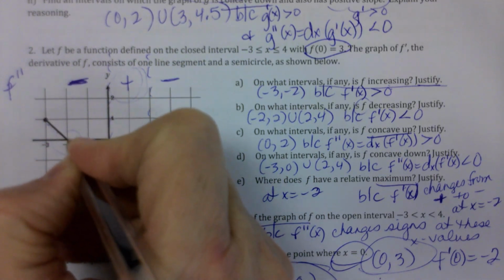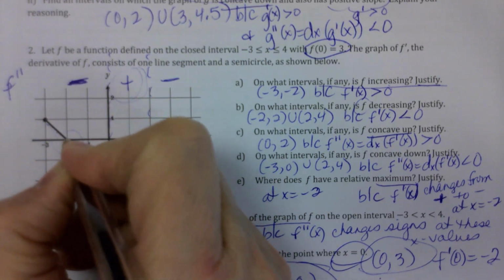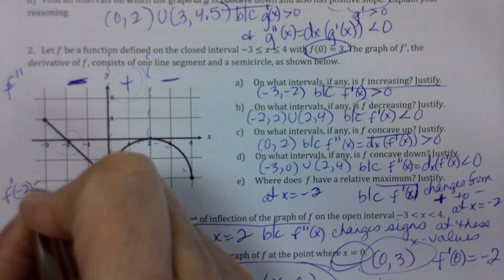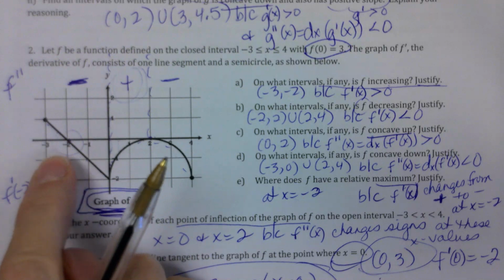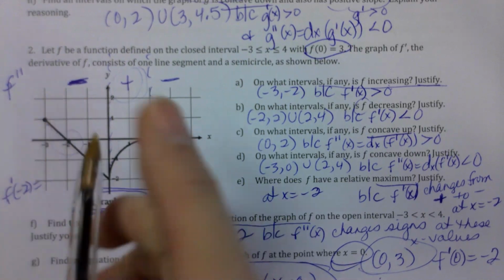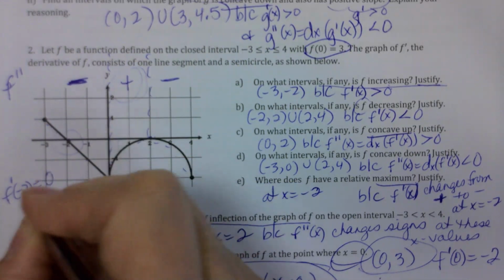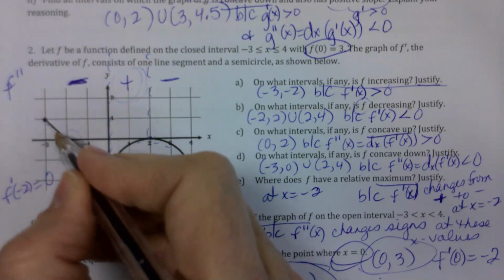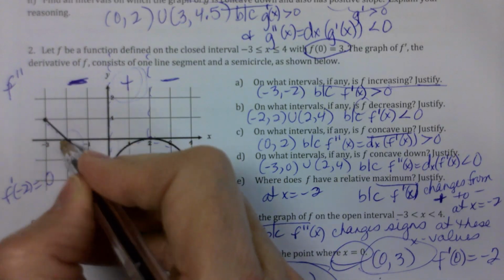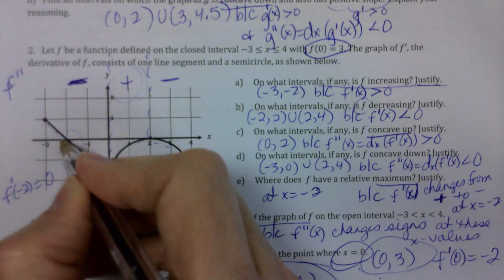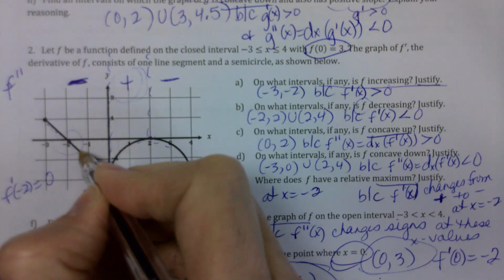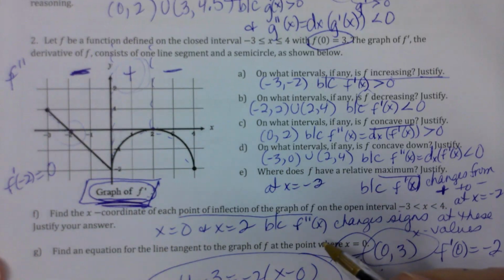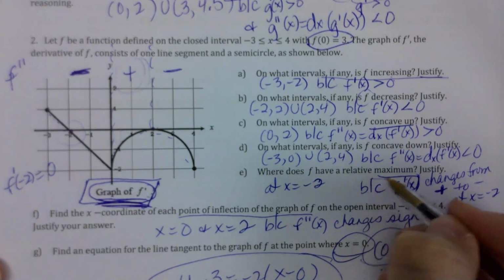It hits the x-axis. So f prime of negative 2 is what? What's f prime of negative 2? 0. But to the left of negative 2, it's positive. To the right of negative 2, negative. Positive to negative, relative max.